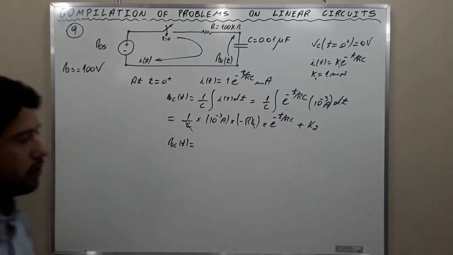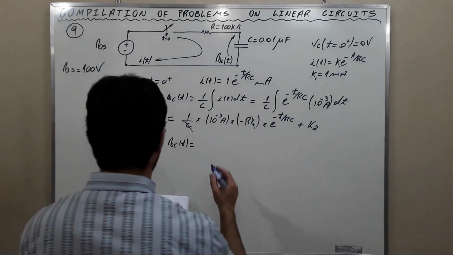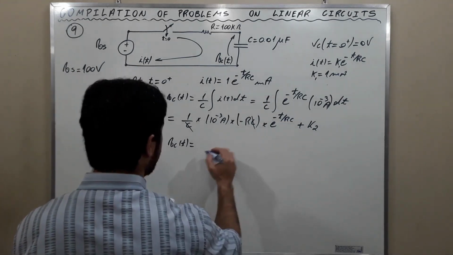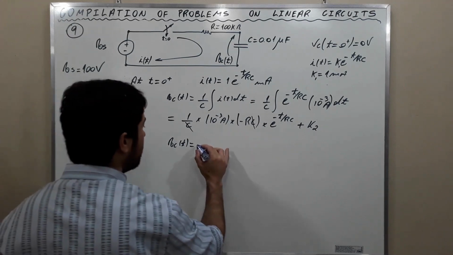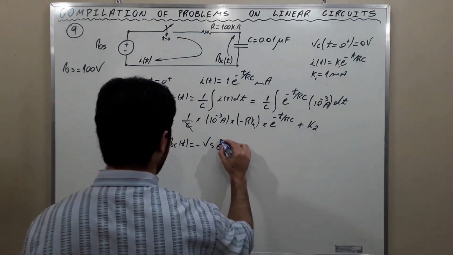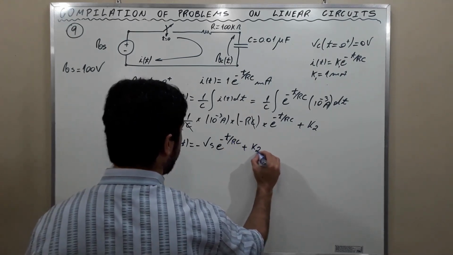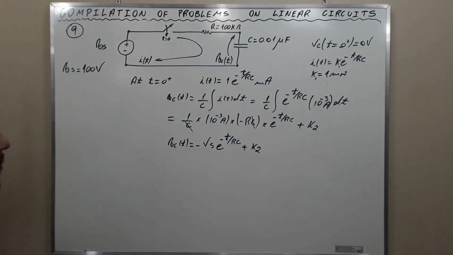Resistance times current is voltage. Okay? And this is equal to Vs, but negative Vs e to the minus t over RC plus K2. Okay? We are almost there.